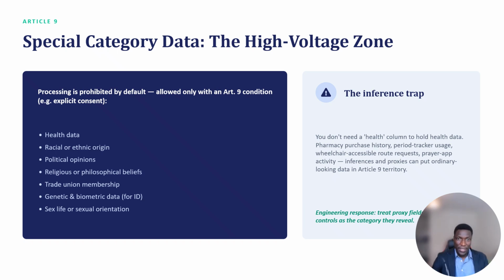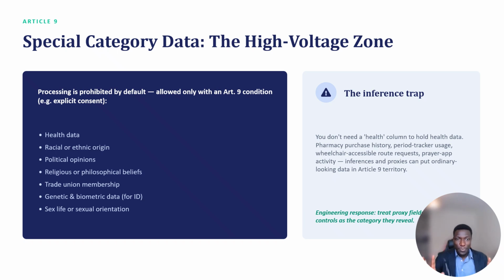Now, here's what I've seen engineers miss. I like to call it the inference trap. You don't actually need a column called health data in order to hold health data. Look at things like pharmacy purchases, which tie to health data. Look at things like period tracker usage, which also ties to health. Look at things like prayer app activity, which ties to religious or philosophical beliefs.